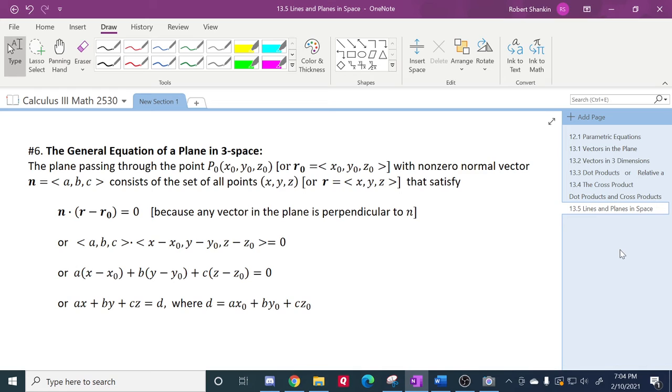So remember, with a line, we had a vector v that was ABC, but that wasn't normal or orthogonal. That was the direction the line was going in. This vector n, which we still call ABC, is perpendicular to the plane. So non-zero normal vector means it's a vector perpendicular to the plane.